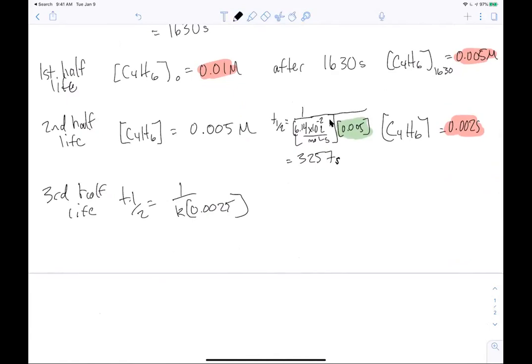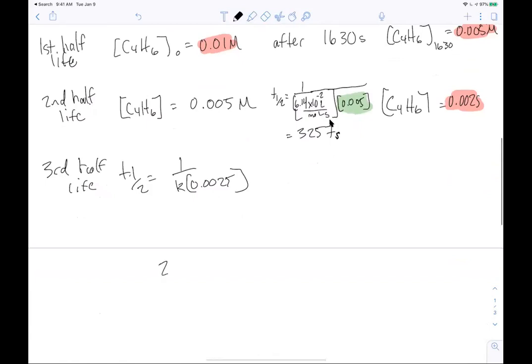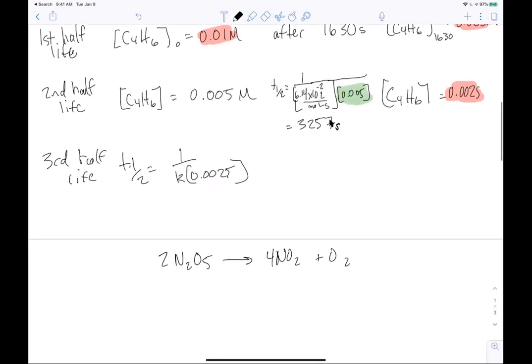So if you're looking at a particular first order reaction, let's say you're looking at this decomposition reaction. That's right.